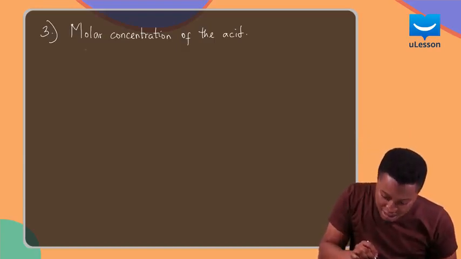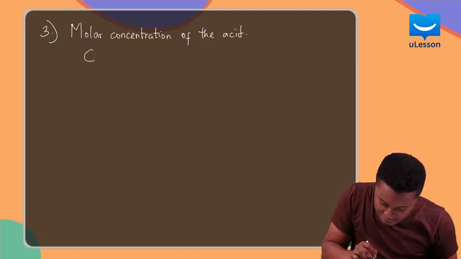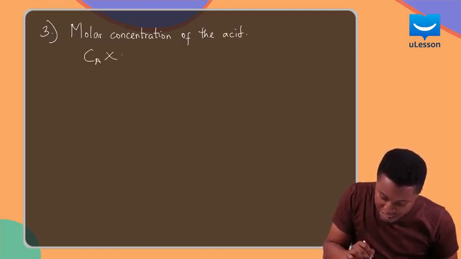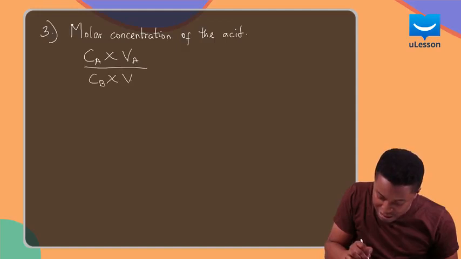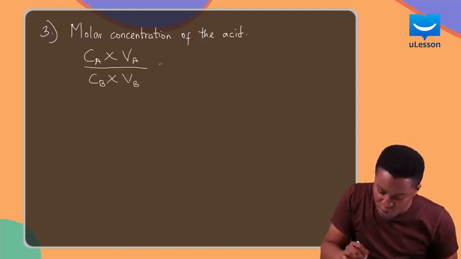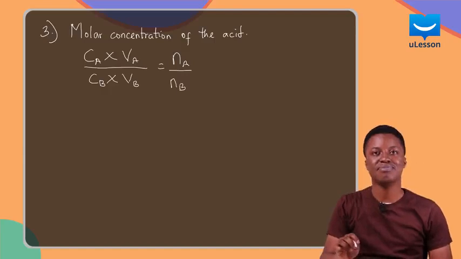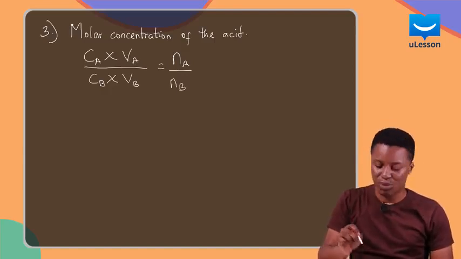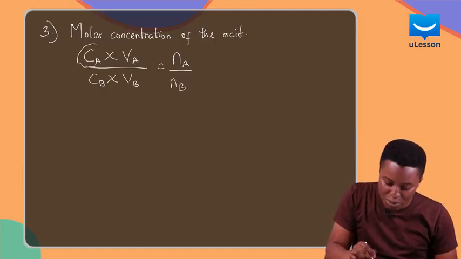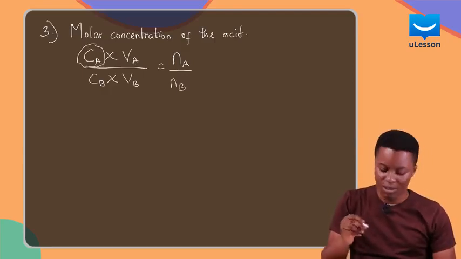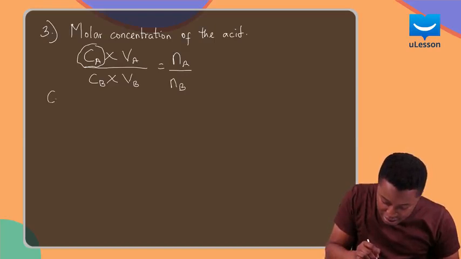We said that the concentration of the acid times the volume of the acid, over the concentration of the base times the volume of the base, is equal to the number of moles of the acid divided by the number of moles of the base. Now, using this, we can obtain the value of Ca, which is the molar concentration of the acid. Since we do not know it, we'll call it Ca.